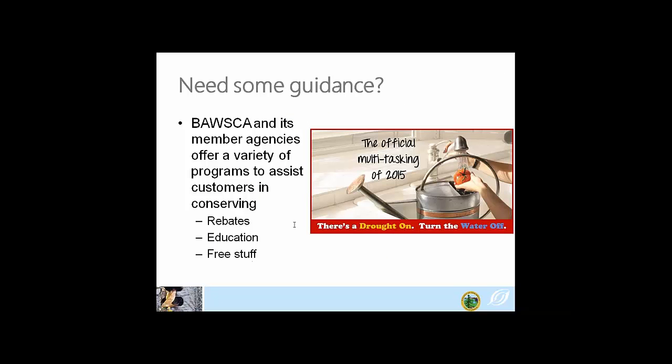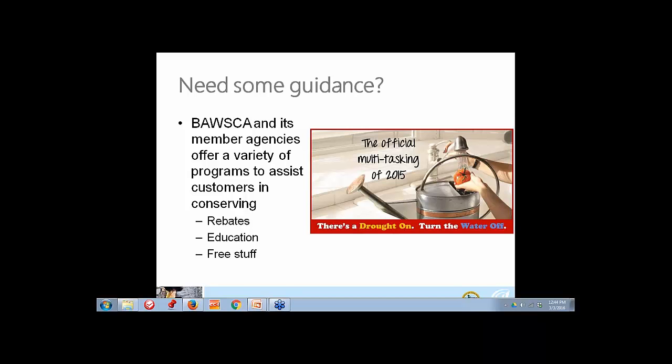So this may seem like a lot of information. It can be a bit intimidating. It can be a bit overwhelming. How do you get started? How can you access more information or supplies to make these changes in your house? Fortunately, organizations like BOSCA and even your local water supplier offer this kind of support.